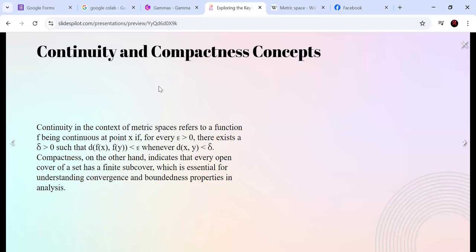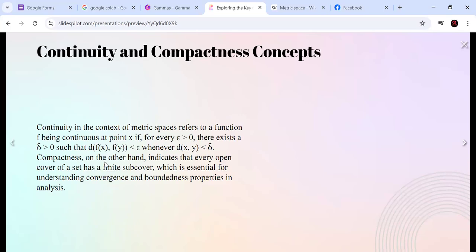Continuity and compactness concepts. What are continuity and compactness in a metric space? Continuity, in the context of metric spaces, refers to a function f being continuous at a point x if for every epsilon greater than 0 there exists a delta greater than 0 such that the distance of f(x) and f(y) is less than epsilon, whenever the distance of x and y is less than delta.